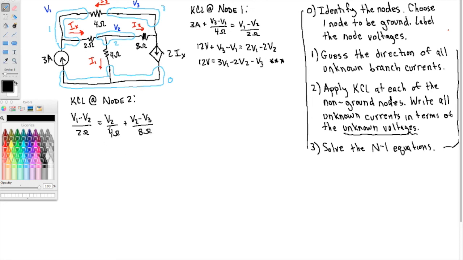So let me multiply by the common denominator and put it in a form similar to our previous equation. Common denominator here is 8 ohms. So this is 4 V1 minus 4 V2 equals 2 V2 plus V2 minus V3. So in a form similar to the last equation, that's a 0 constant term.